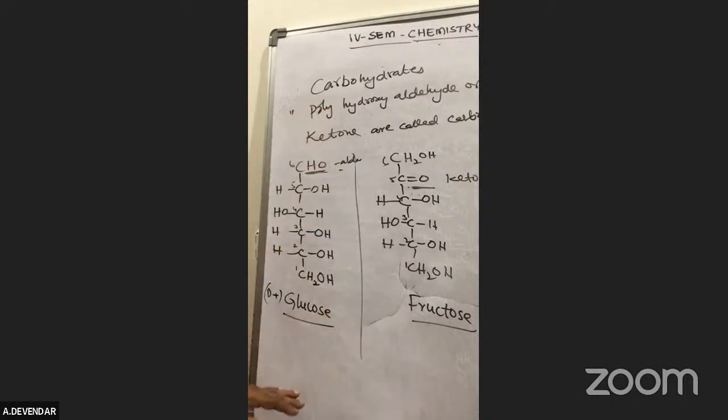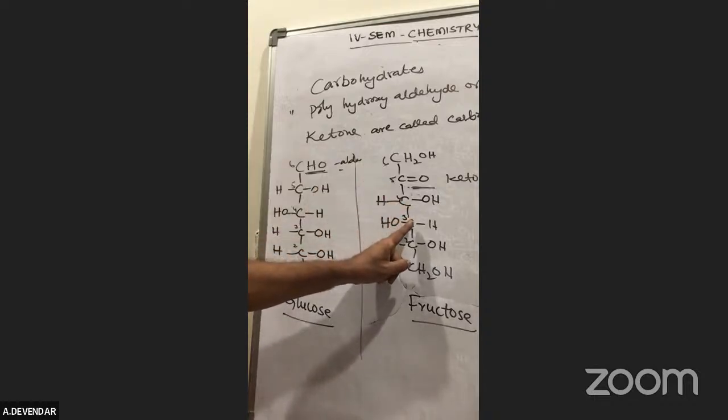Among the carbohydrates given in the list: glucose, fructose, sucrose, maltose, lactose, cellulose, and starch, fructose is the sweetest carbohydrate. If you take 10 grams or 100 grams of other sugars, it is equivalent to 1 gram only of fructose.